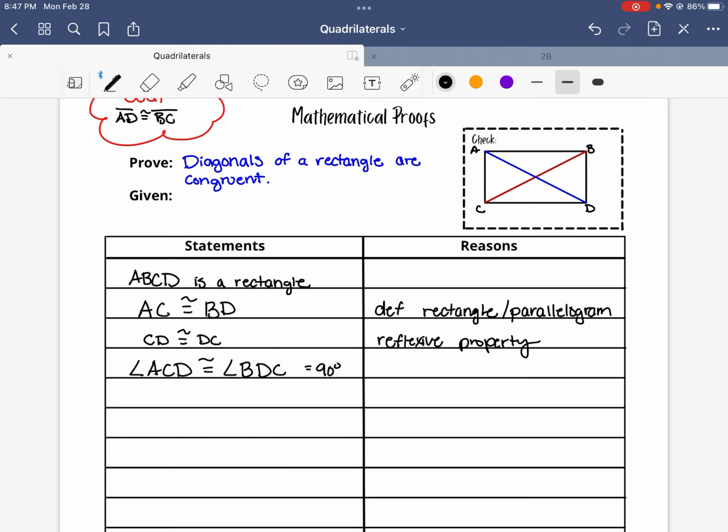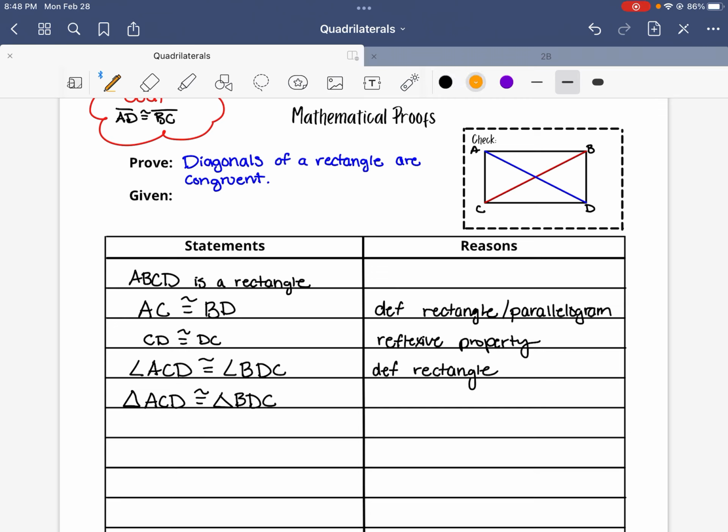And this is true because, again, the definition of a rectangle says that they are all 90 degrees. So it follows that the triangle, so I'm going to draw a triangle symbol, the triangle ACD is congruent to the triangle BDC.